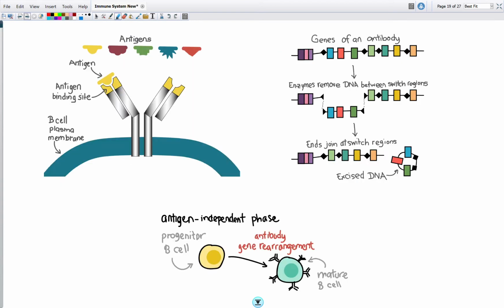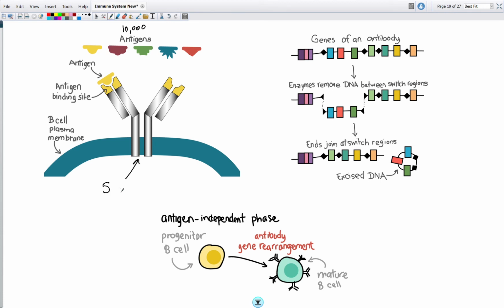A quick note about how your antibodies actually work against antigens. There are probably 10,000 different antigens out there in the world.